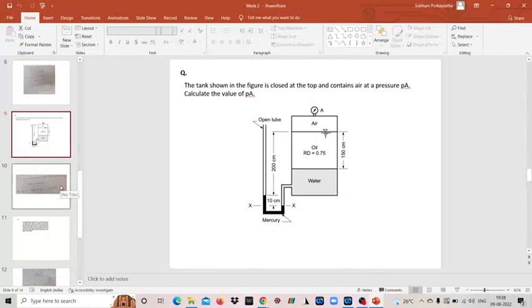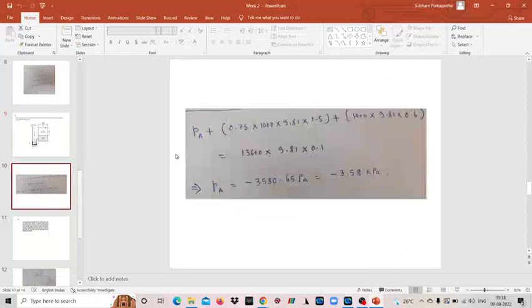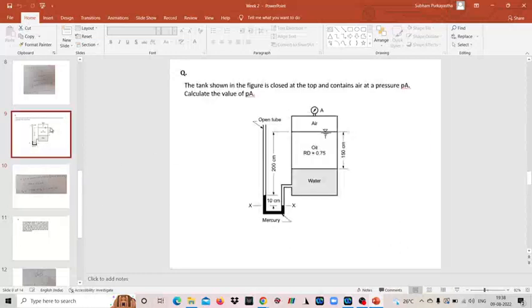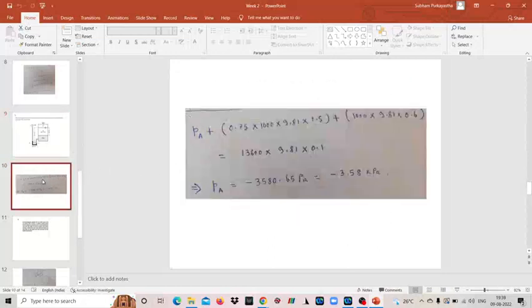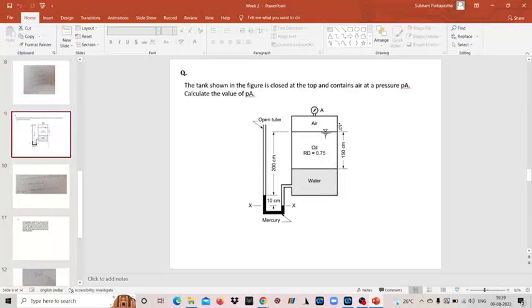Now let's see. If you consider this side, this PA is basically the pressure because of this air column. Then the pressure because of the oil, which is having a relative density of 0.75, and then we have water. So what is the depth of this water column?